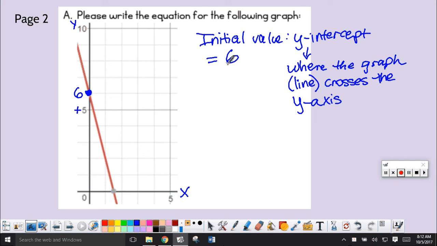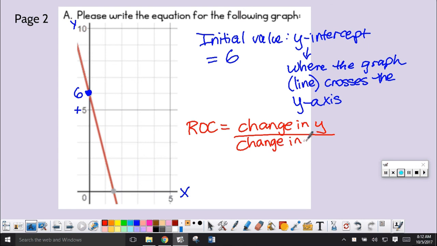Then the next part of my equation is my rate of change. I'm going to do my rate of change in red so that we don't get confused with the writing. Remember, my rate of change is the change in y values divided by the change in x values. In order to find the change, I need 2 points.